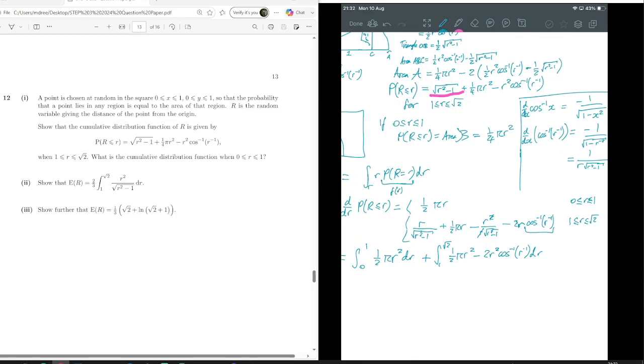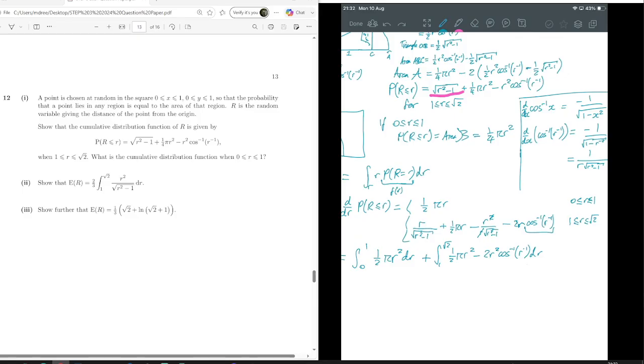So we have some things that we like, and then some things that we really, really don't like. Because we can evaluate the half pi r squared things, and they actually combine really nicely because they're both the same. I could just integrate the half pi r squared between 0 and root 2. But then the other term, how is the other term linked to what we have there in any pleasant way whatsoever?